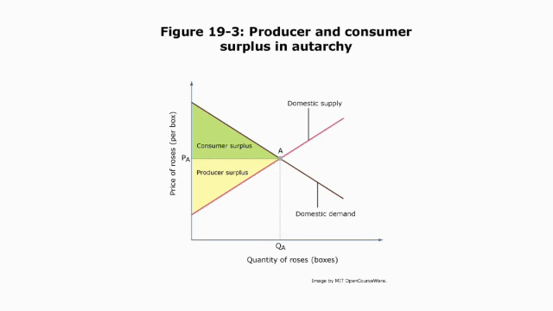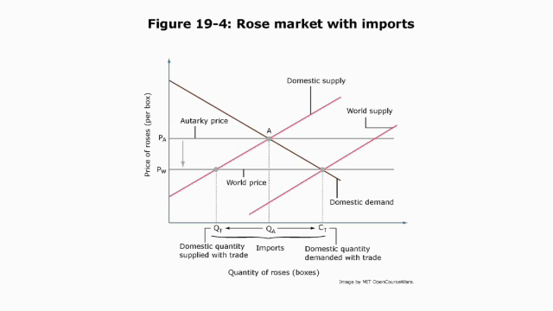Now, in figure 19.4, we're going to introduce international trade. It's a little confusing, so let's go through it slowly. In figure 19.4, you can find the domestic supply and the domestic demand, and they intersect at point A, which is once again a quantity of Q sub A and a price of P sub A. Now, let's say we allow imports of roses.